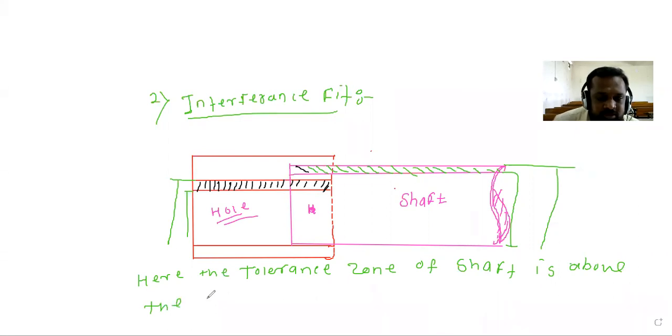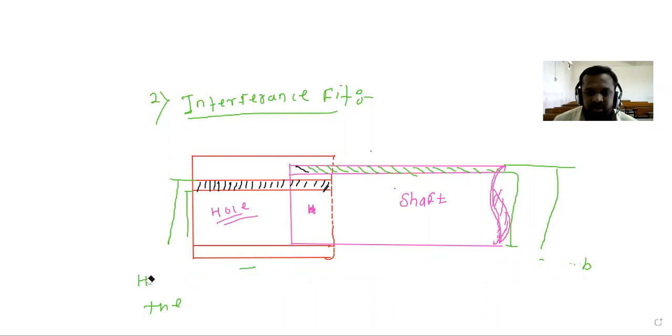Or we can write it in this manner also, because in the last definition we wrote the tolerance zone of the hole is above the tolerance zone of the shaft.